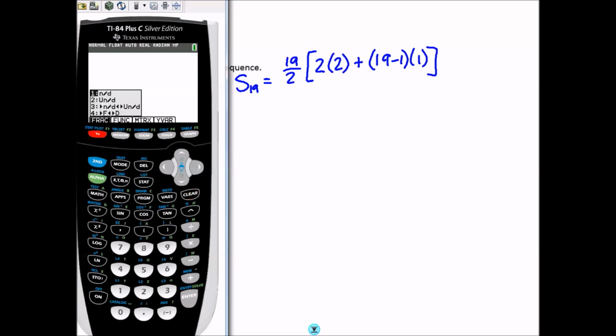Use the fraction button. 19 over 2. And even though the formula sheet uses the square brackets, you can just use parentheses. And this gives us 209.